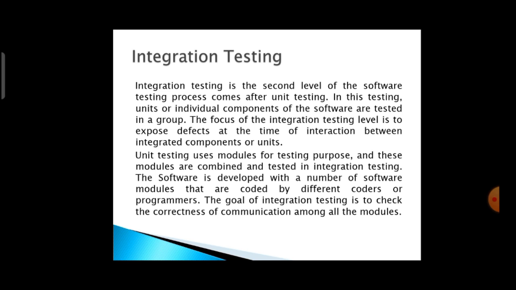In object oriented testing, as objects are designed by their interfaces, the various interface types that need to be tested are parameter interfaces, shared memory interfaces, procedural interfaces, and message passing interfaces. During integration testing, different modules of a system are integrated in a planned manner using an integration plan.